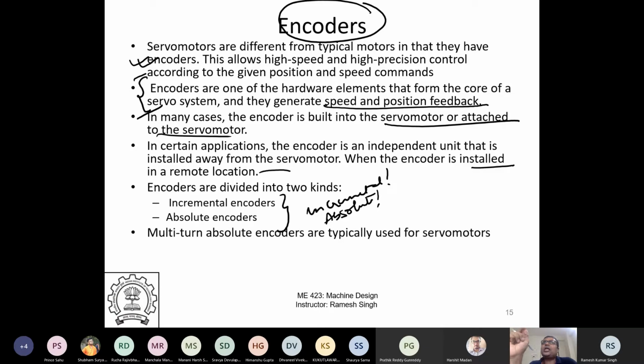But in absolute, I know exactly where I am, because each signal is unique. I'll show you how it is in a little bit. This is what I wanted to prime you with before we move on. And there are multi-turn absolute encoders, which are typically used for servo motors. I'll show you what multi-turn absolute encoders mean and how they work.